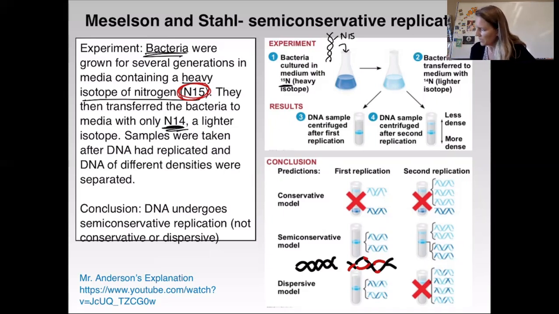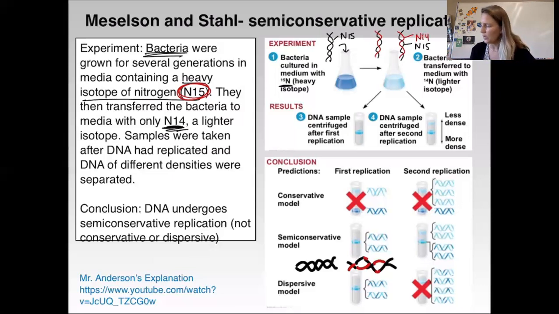So for example, if we have N15 here in black, and then we're going to start putting it in N14, that means that as it replicates, we're going to have one half strand N14 and one half strand N15, right? So the black is N15, the red is N14.